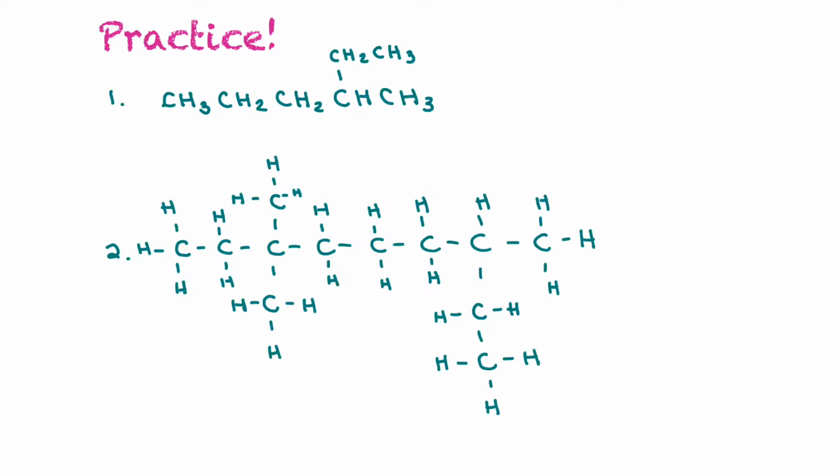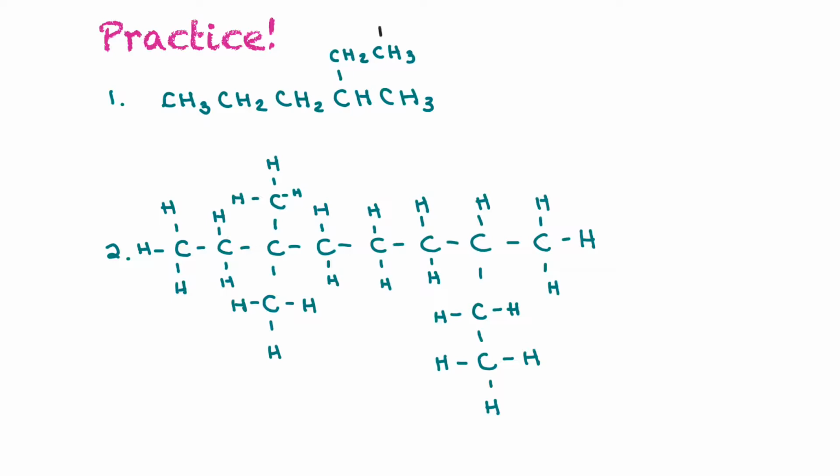So we're going to do some practice with some trickier ones. If you look at this first one, if you count the chain this way, 1, 2, 3, 4, 5, it looks like we have 5. But if you take a look at the branch up here, we've got 1, 2, 3, 4, 5, 6. So this is the chain, and the closest branch would be on the third carbon. We'll number them just to be sure.